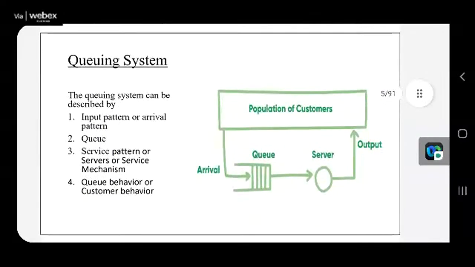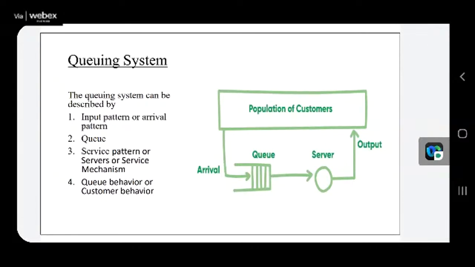Coming to the basics, suppose we want to collect a ticket at the railway station. We stand in a queue, and when our turn comes, we collect the ticket and exit the system. So this entire process of collecting a ticket can be called a system.